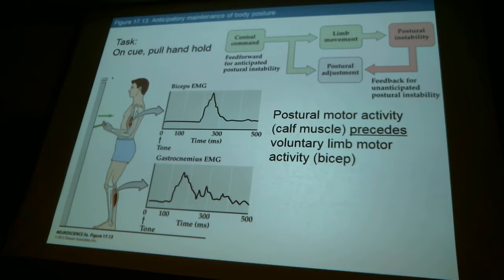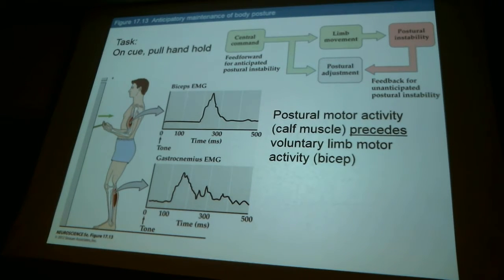Does anybody weightlift? So when you're using one of your muscles, you're not just using that muscle, right? You have to do a lot of other movements in order to compensate for the effect on your body. When you start pulling on one aspect of it, you have to do it.